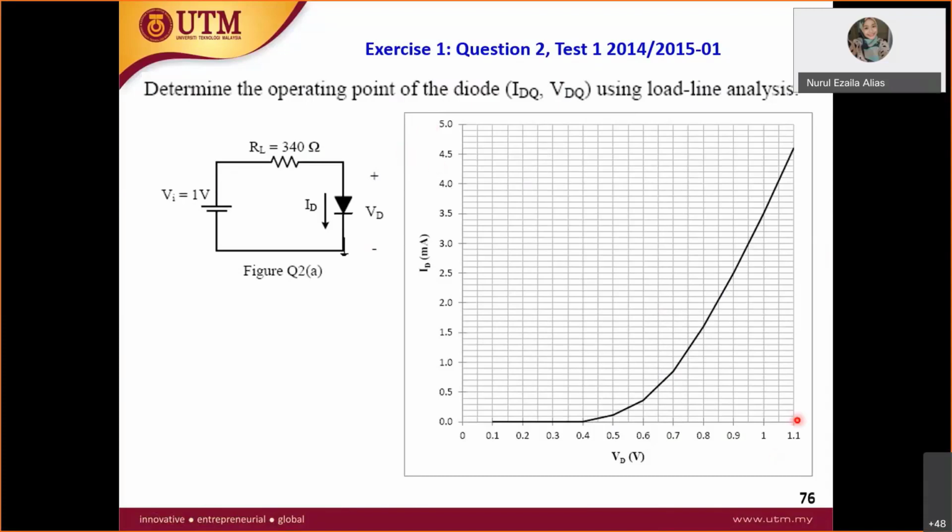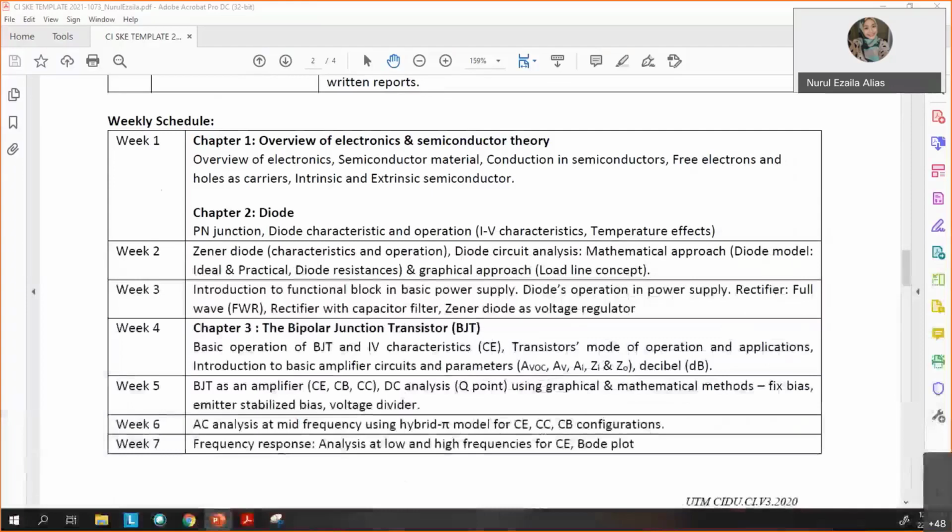It is quite accurate if you do it on the IV curve sheet given. This is how it looks for the past test 1 question for load line analysis. I think it's easy, right? You can do it if you understand. We shall look at this example in the next class.